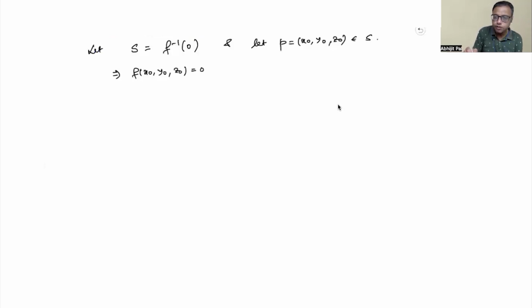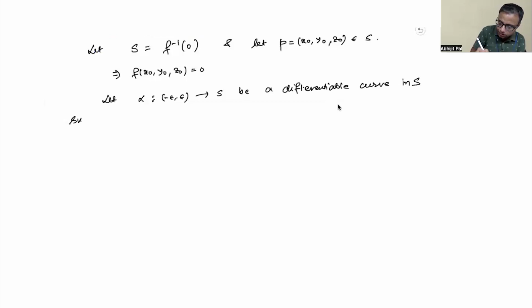Now from the definition of tangent vector, how do we get a tangent vector? Let us take alpha from minus epsilon to epsilon into S, a differentiable curve in S such that alpha of 0 is equal to x naught, y naught, z naught.